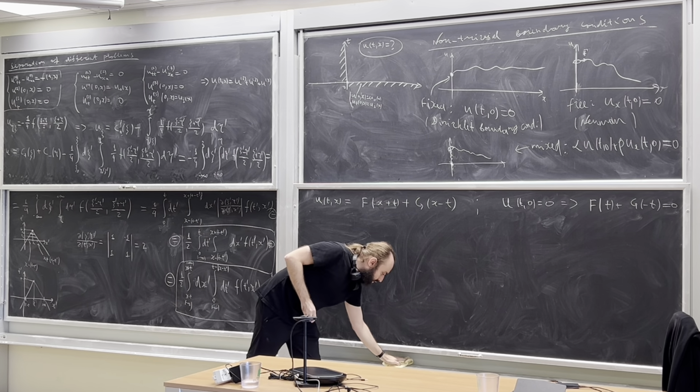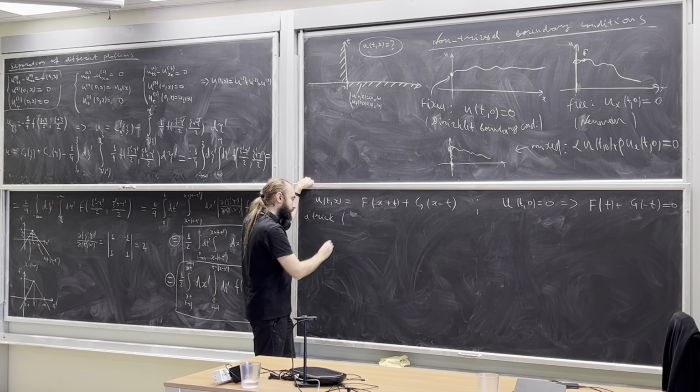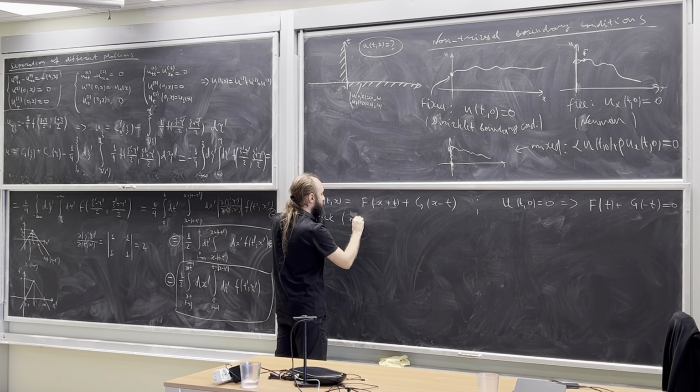This relation suggests that there should be some relation between functions for positive and negative t. So this suggests the following trick. That is called the method of reflections.